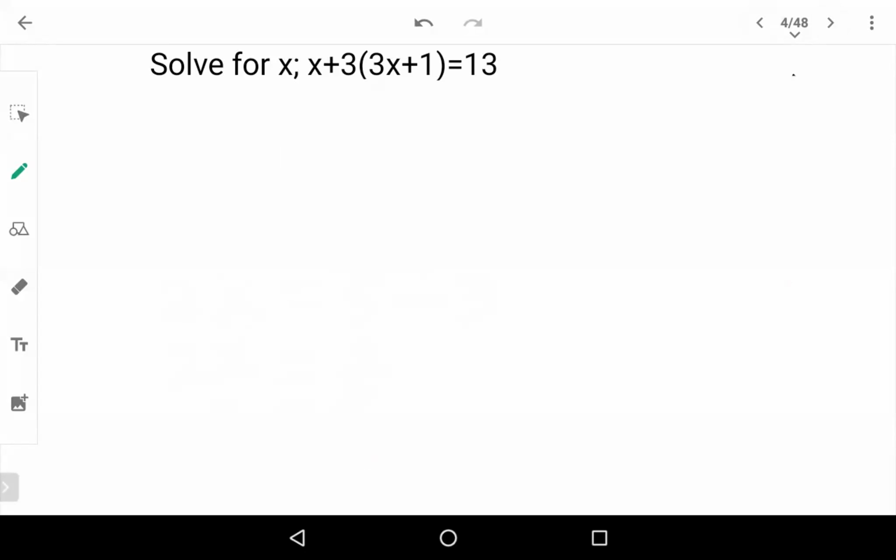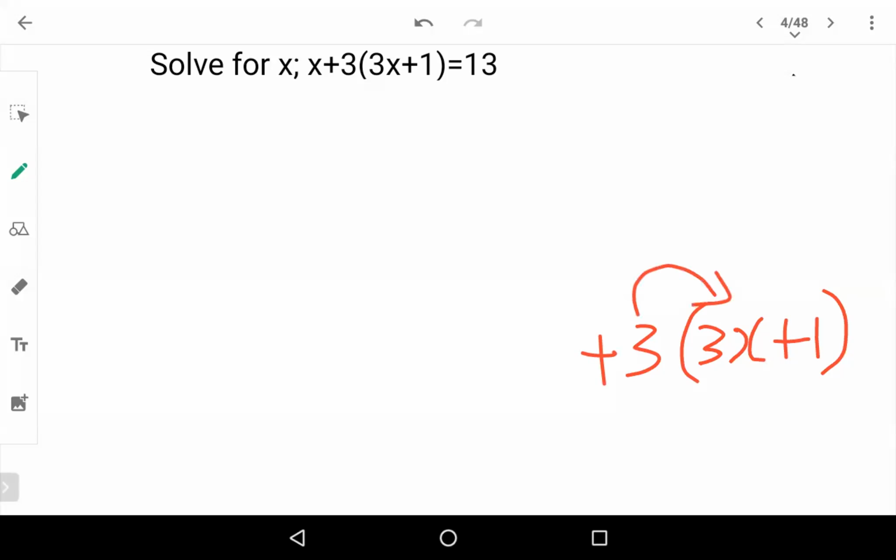So what is that bracket? 3 into 3x plus 1. We have plus 3 which is there before the bracket. Now what will this equation be? You have to multiply. 3 3s are 9, so plus 9x, 3 1s are 3, plus 3. Understood?